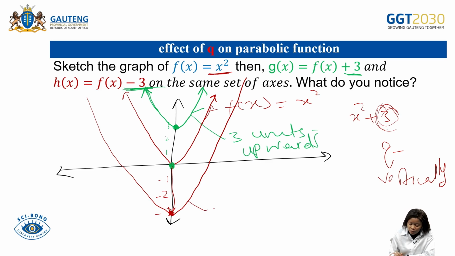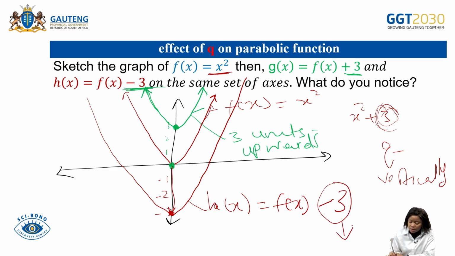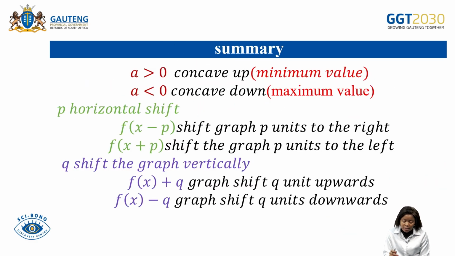This is the new graph of h of x equals f of x minus 3. Okay, I hope you still remember this. It's very important that you remember the effect of q and the effect of p, so that you can be able to answer the questions that have to do with translation and reflection.